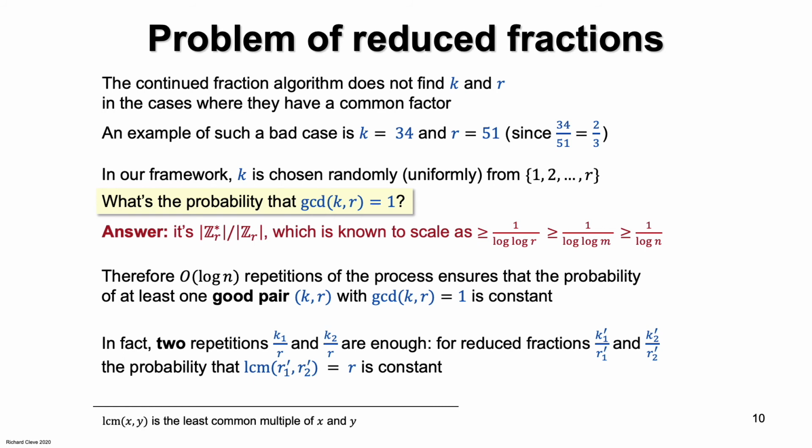The actual r is a multiple of r1 prime and r2 prime, and it turns out that the probability that the least common multiple of r1 prime and r2 prime is the actual r is a constant, independent of n. So, with constant probability, we can obtain the actual r from 2 runs of the phase estimation algorithm with a random eigenvector used for each run.